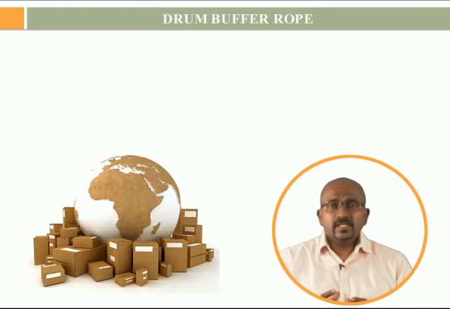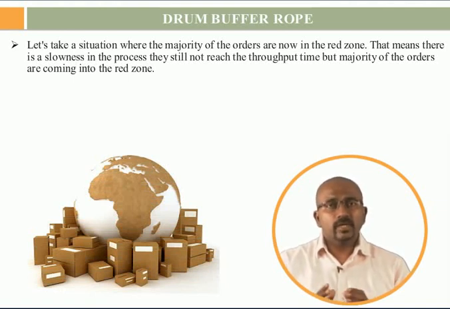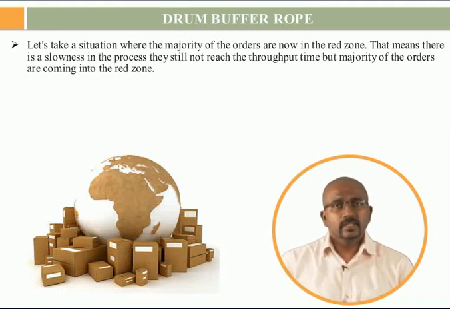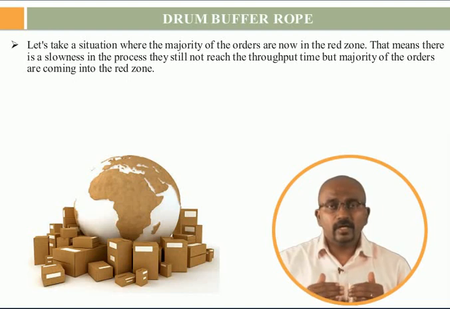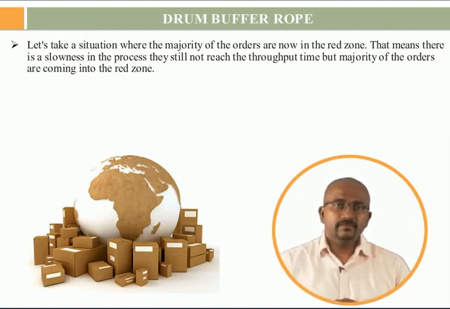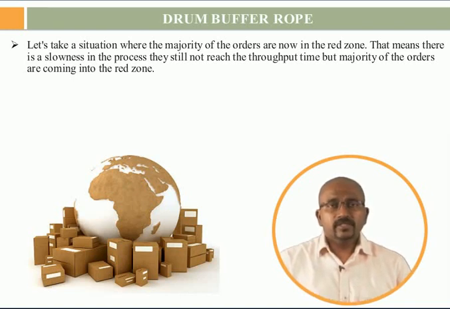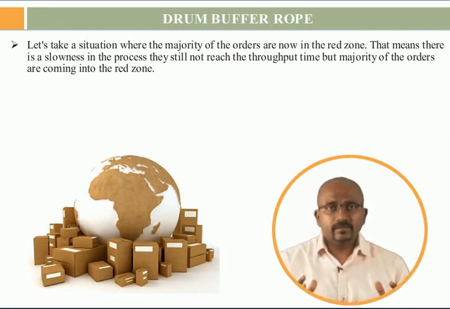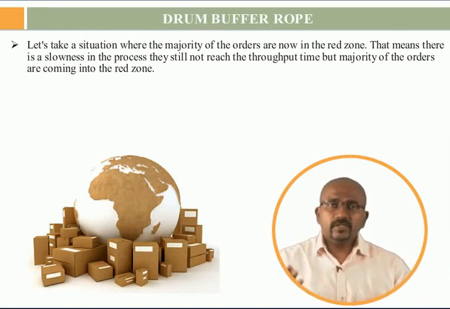Now, let's take a situation where the majority of the orders are in the red zone. That means there is a slowness in the process. They have still not breached the throughput time, but the majority of the orders are coming into the red zone. My assumption was that the time buffer that I'm using to translate the dispatch date into the release date was constant.